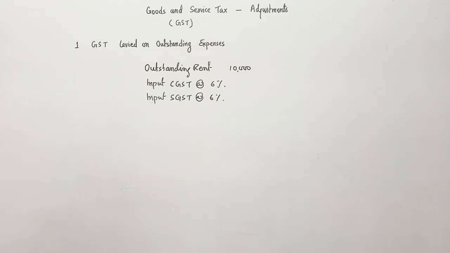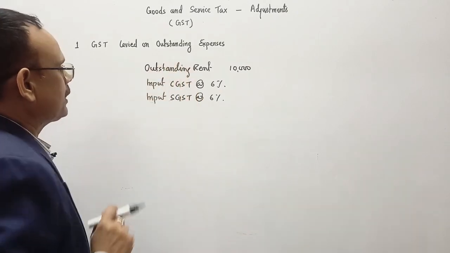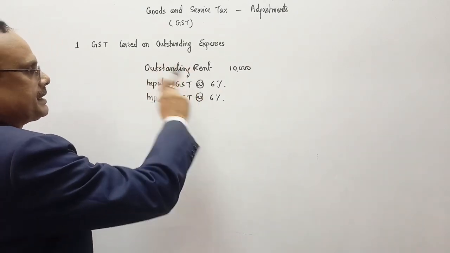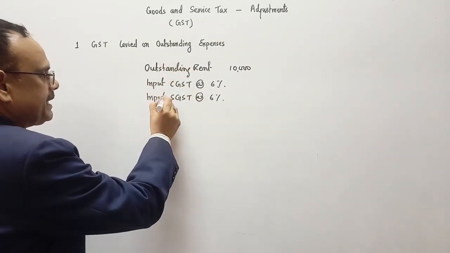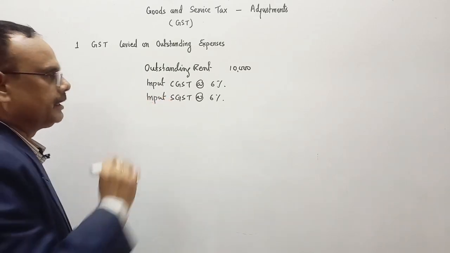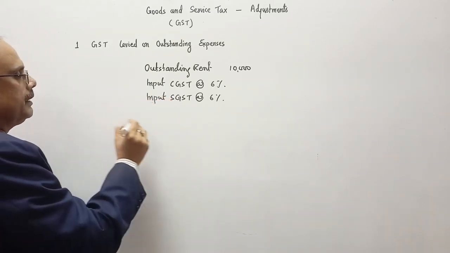This information is given. So outstanding rent is 10,000, input CGST is 6%, input SGST is 6%. Then what will be the entry?